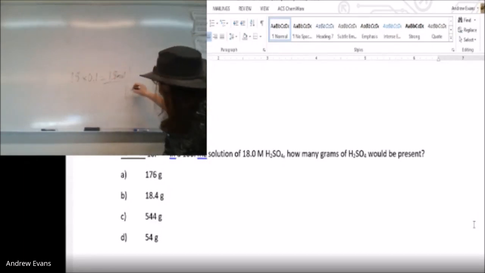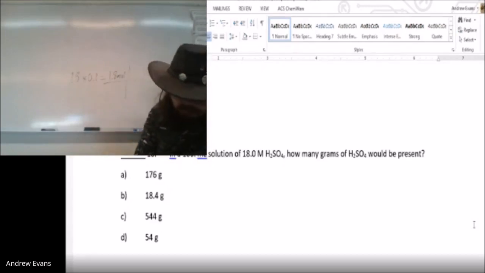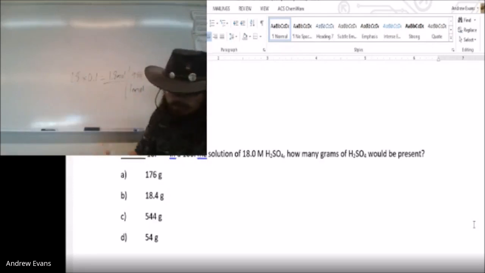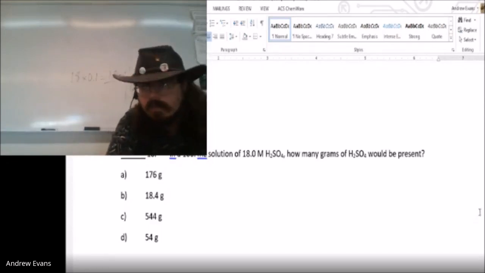Sulfur is 32, 2 hydrogens plus 16 times 4 would give us a molar mass of 98 grams in a mole. So 98 times 1.8 means you would have 176 grams of sulfuric acid in that 100 mL of water.